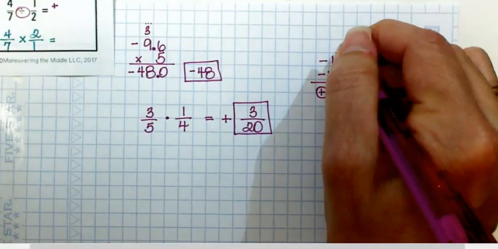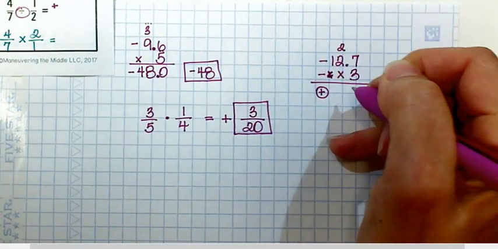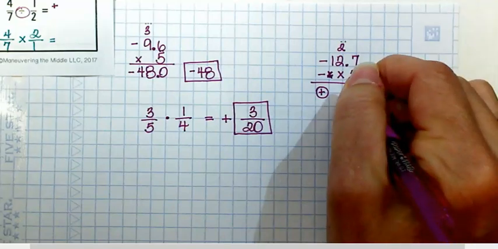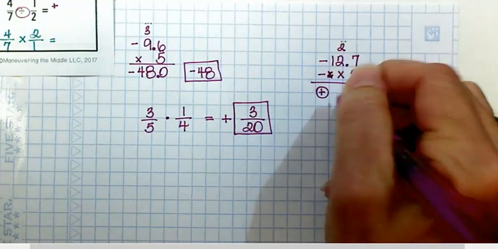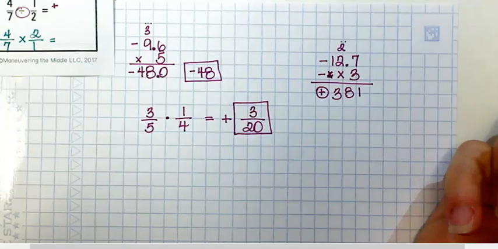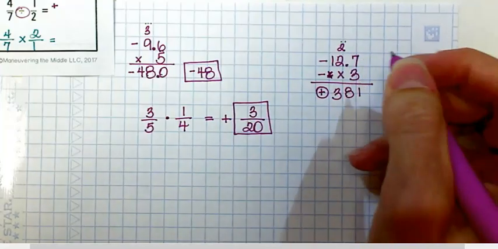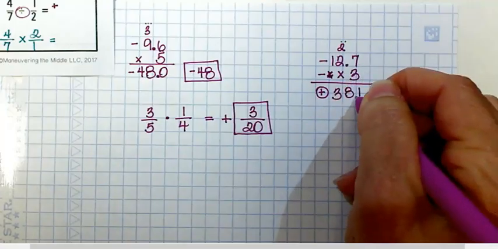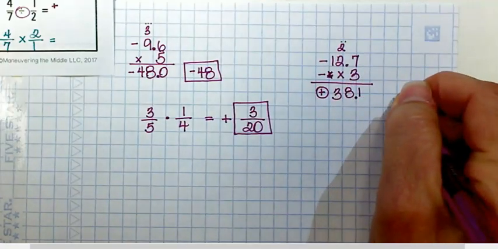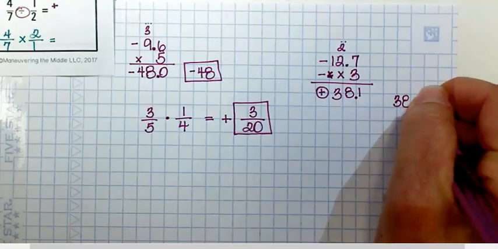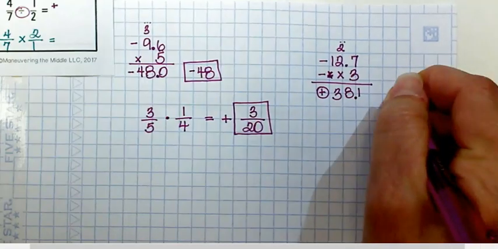I put down the 1 and I carry the 2. 3 times 2 is 6, 7, 8. 3 times 1 is 3. And then I have one digit behind the decimal in the problem, so one digit behind the decimal in the answer. So this is going to be positive 38.1.